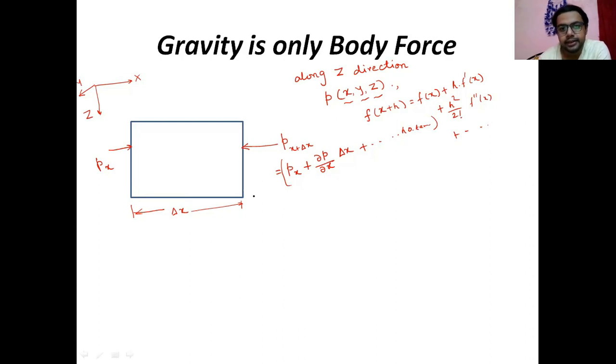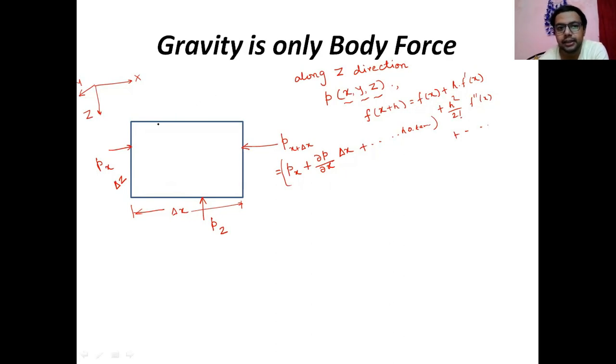Similarly in the y direction and the z direction. Along z, let us take some Pz acting. Here z is changing by delta z, and in the y direction by delta y.